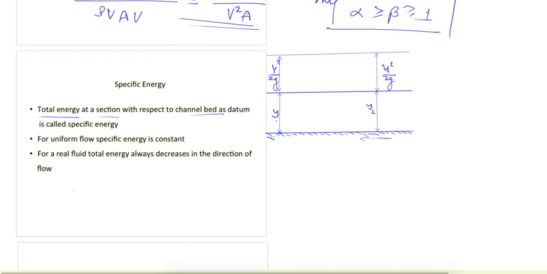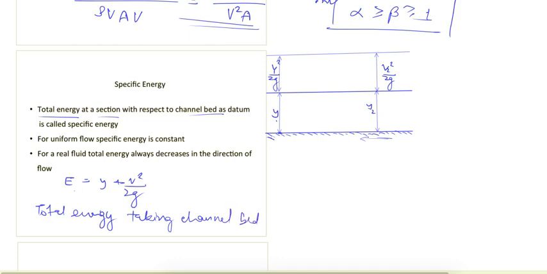Now the specific energy. We defined specific energy earlier also. We define it as the sum of flow depth plus velocity head, but this is nothing but the total energy, taking the channel bed as datum.